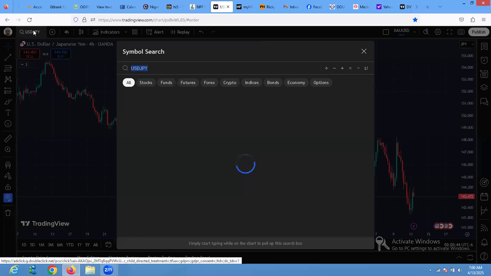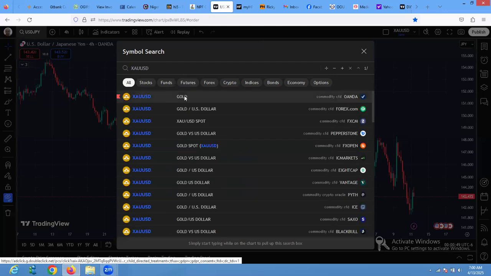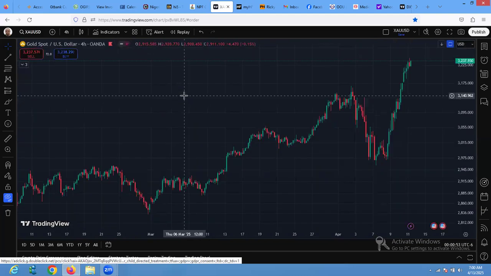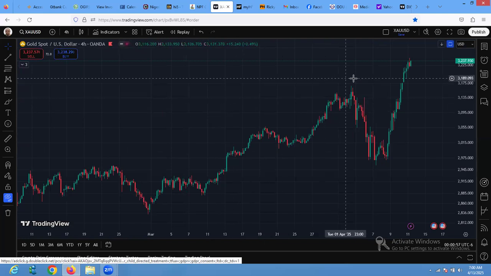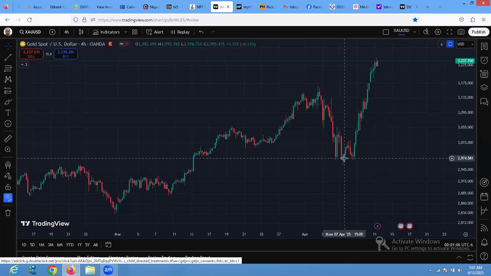On gold, gold again has created another new high. But with this new high, you have to be careful, because this may just be a fourth wave.